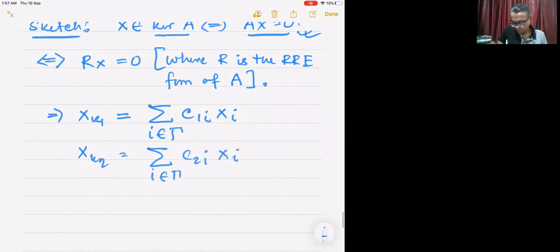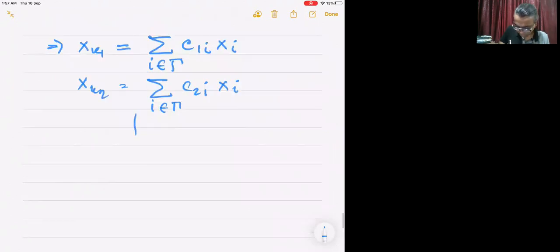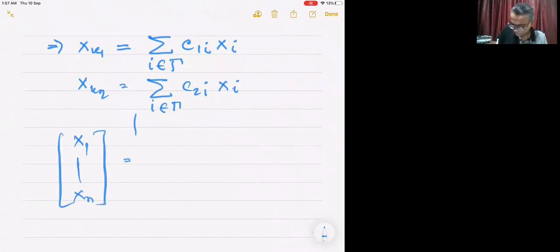Remember? So this, in fact, you can write as x1 up to xn, which in that case can be written as u1 times a vector, say v1, plus dot dot dot up to u(n minus r) times v(n minus r).